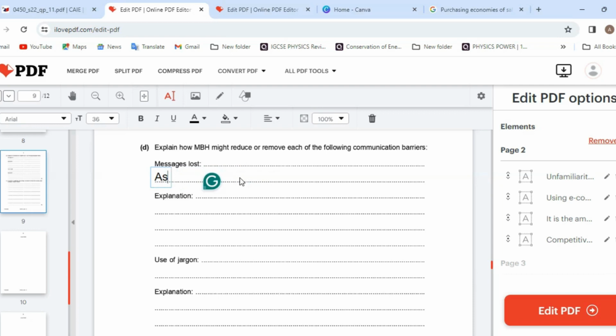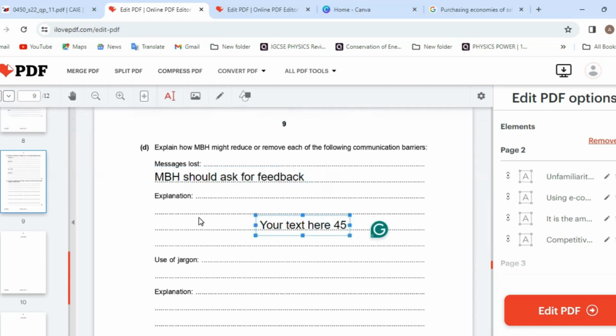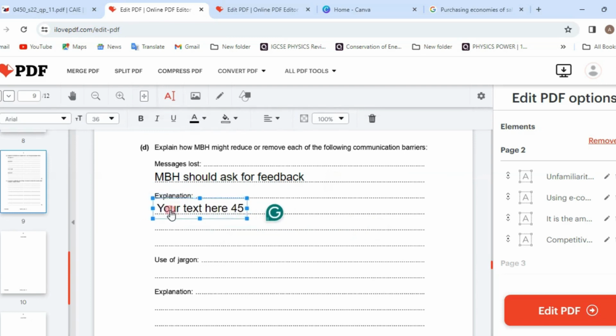MBH should ask for feedback. Now let's try and put this in an outline too, since we have the space for the explanation.